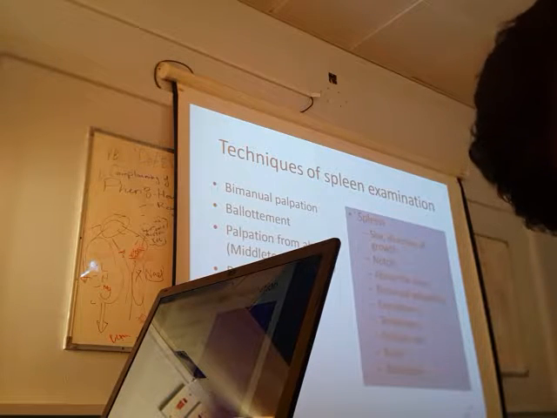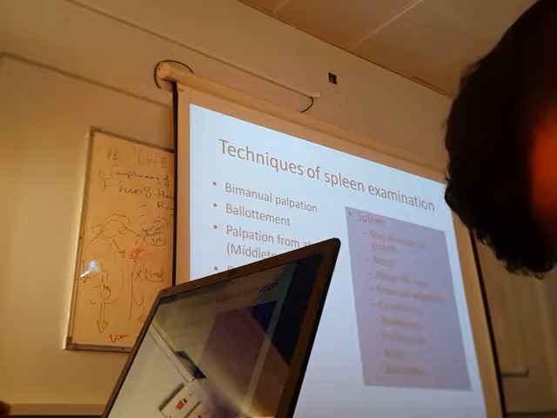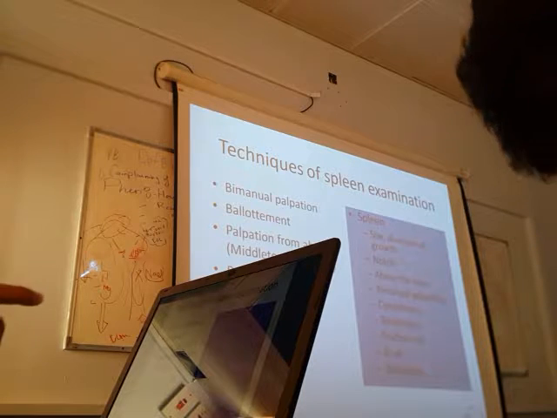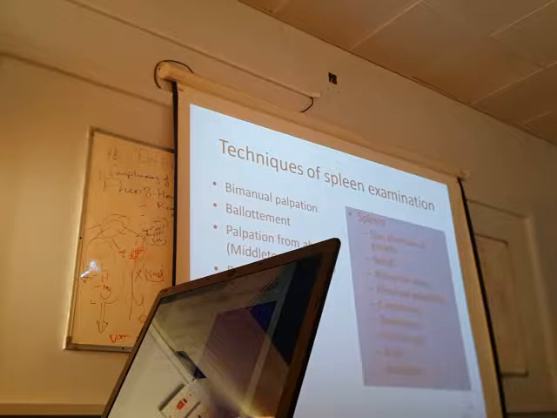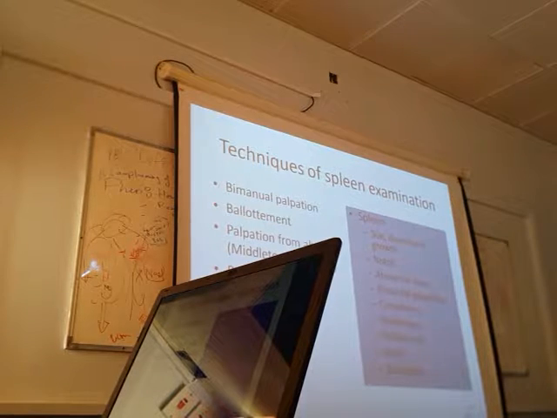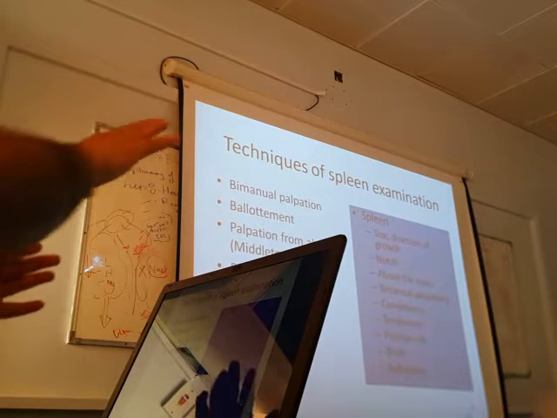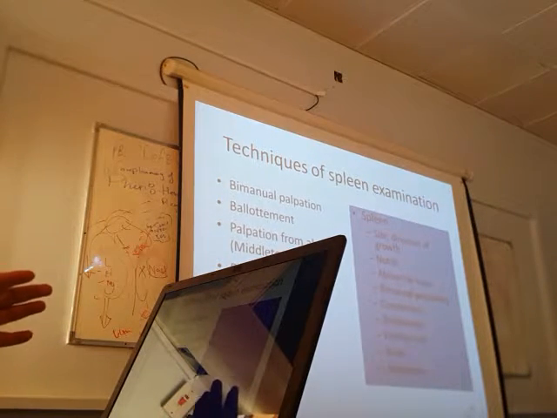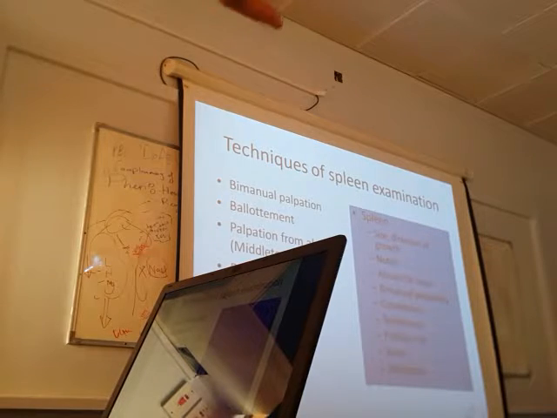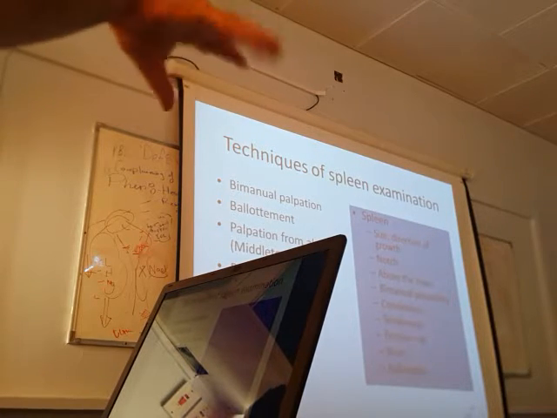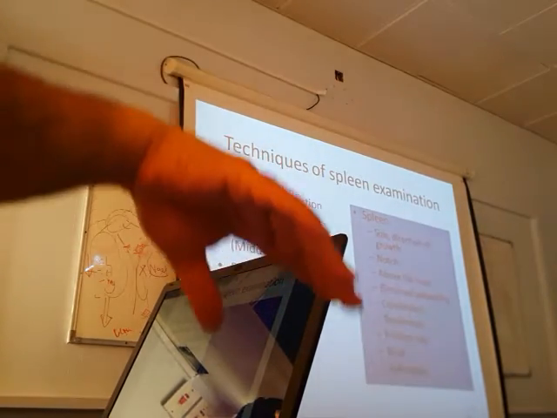Then percussion of the spleen, kidney, liver. So you also read this at home. This is very important. Then we have the palpation, then the percussion, right? In palpation, if there is any mass, you have to see whether it is movable or fixed, right?